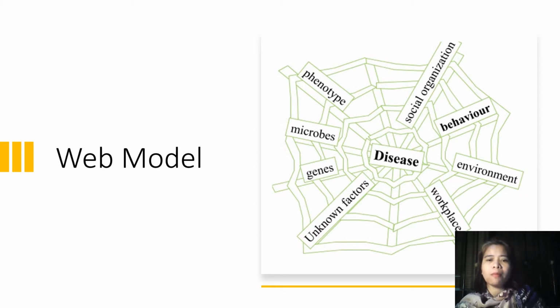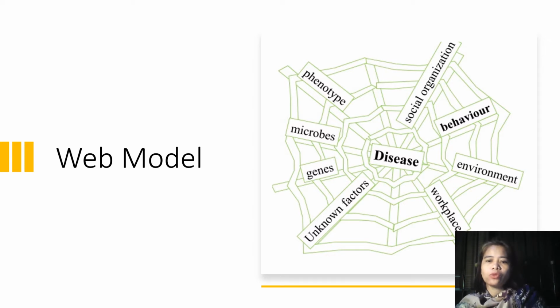This model implies that cutting the chain at different points would interrupt disease development even without complete understanding of the causal mechanism. So, in this particular condition, there are many variables to consider, and you could hardly pinpoint that one directly influenced the other. So that is the web model.